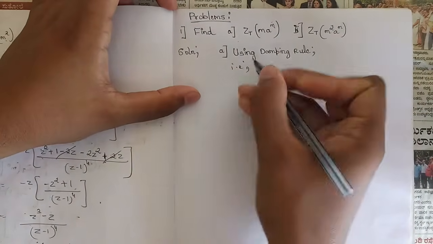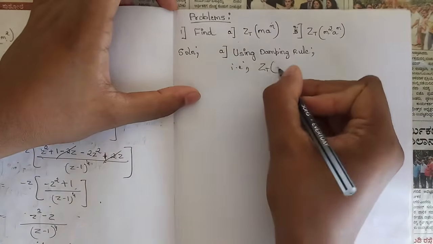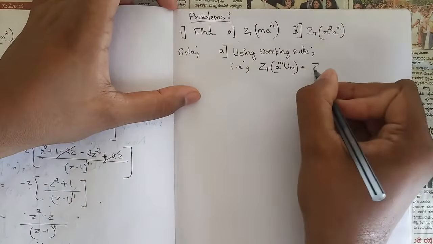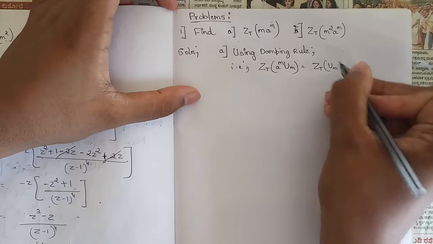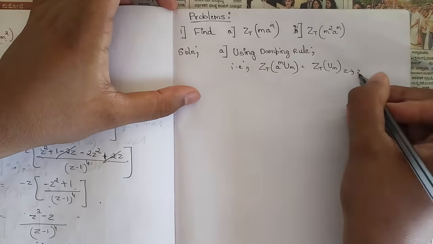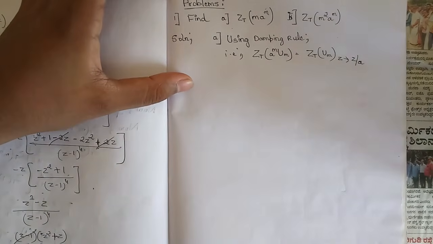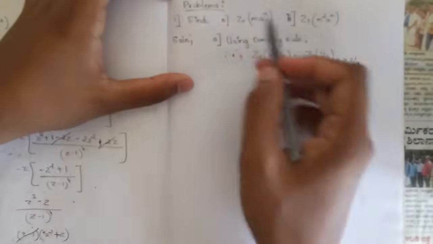We have discussed the damping rule as the z transform of a power n into un is equal to the z transform of un where z is replaced by z by a. This is the first condition for the damping rule. Similarly we have other conditions as well, but this condition fits the question.